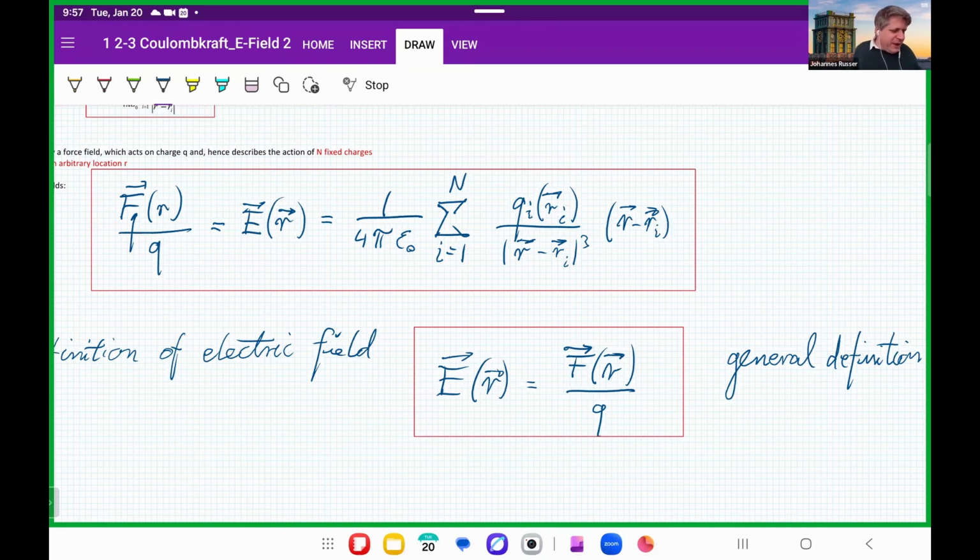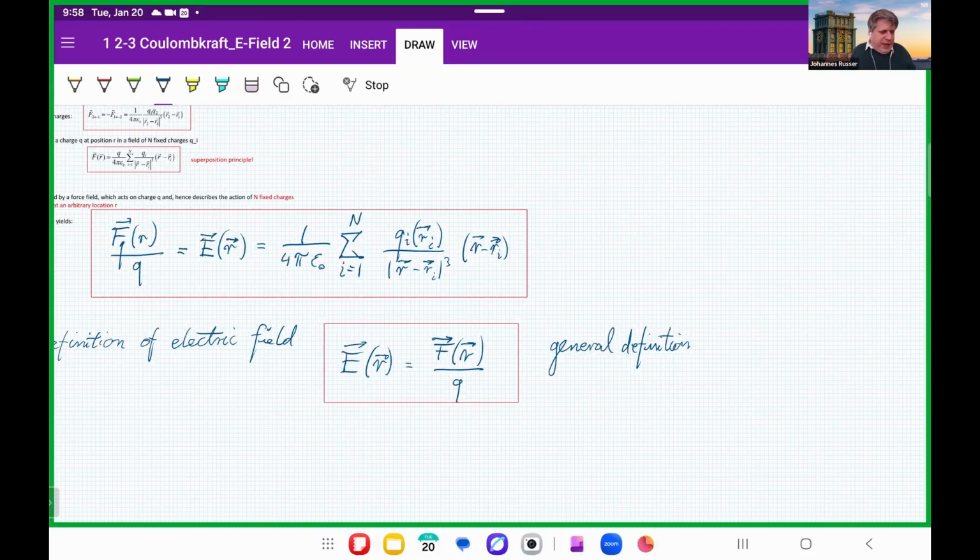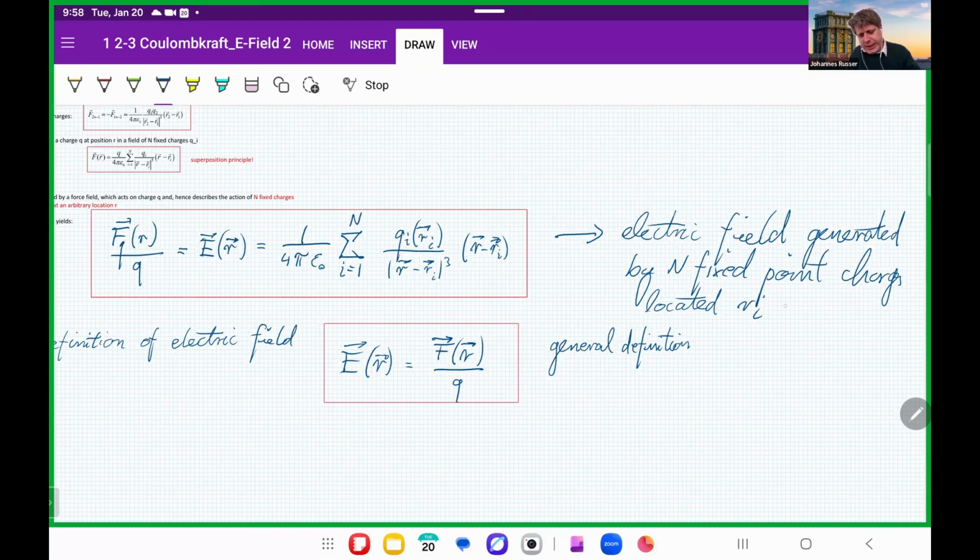So we have here a general definition of the electric field, which is generated by n fixed point charges. This is the electric field located at r sub i, where i is a number from 1 to n.